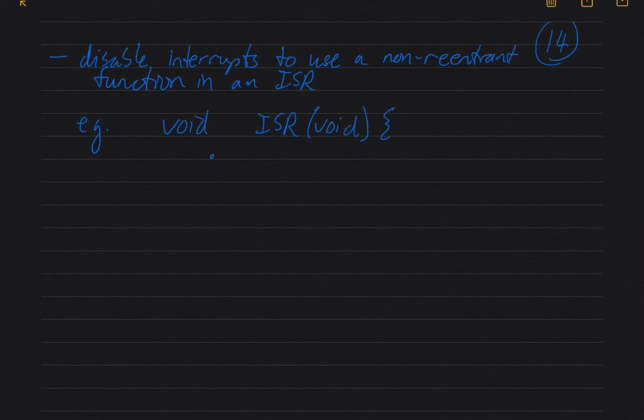And let's just say we're doing something, and next we want to invoke countup. To disable interrupts, there is a library function we can use called __disable_IRQ, and then I'm going to put braces here.